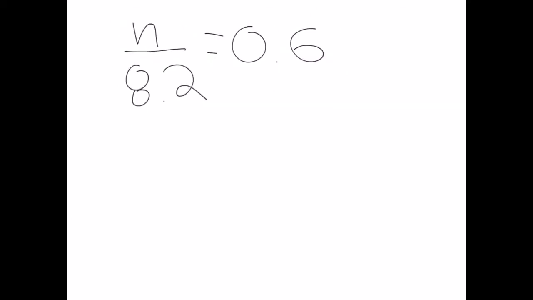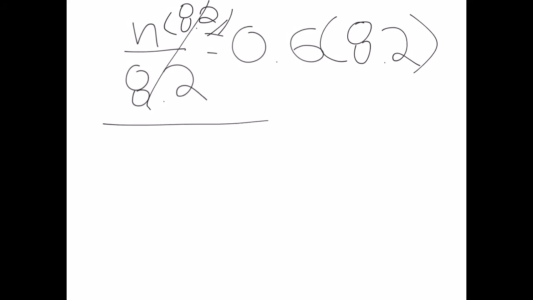This equation is multiplication. So we have to multiply on both sides 8.2. Cross this one out.